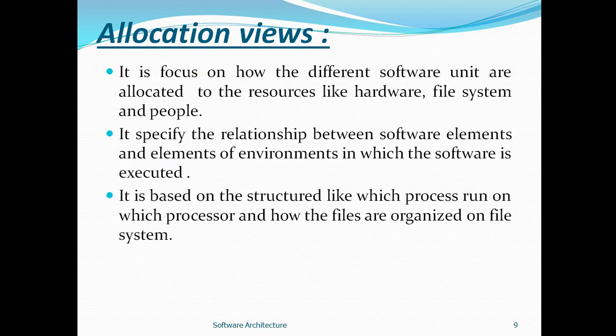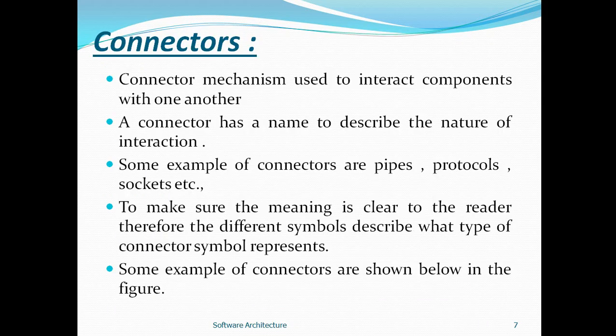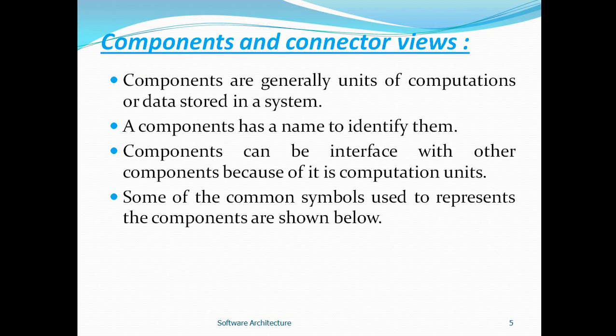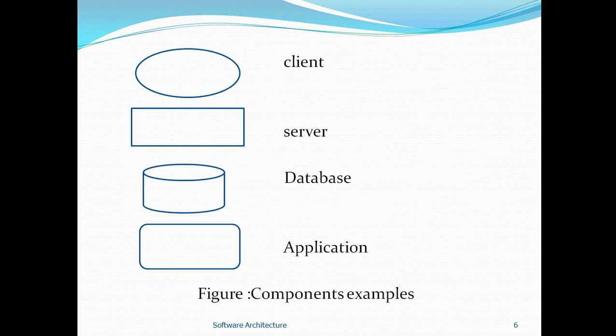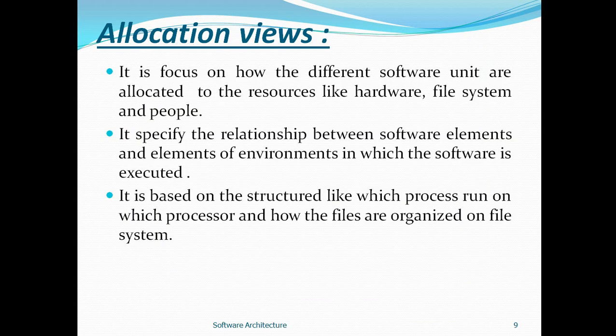Right, we go to the next point, allocation view. Earlier I discussed three views: module view, component and connector view, and allocation view. So here the last one is the allocation view.